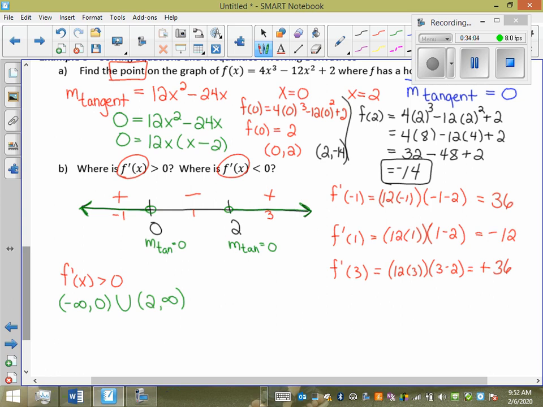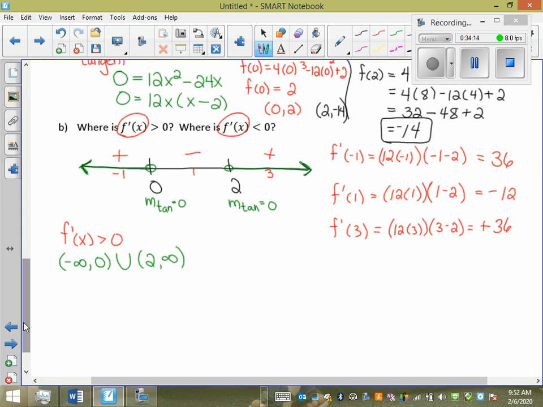These ones are neither positive nor negative. They're equal to 0. They'll never ask that. I get what you're saying, but for what we need this for in the next unit, they're not going to ask equal to. And then where f prime of x is less than 0, it's between here and here, so 0 and 2.